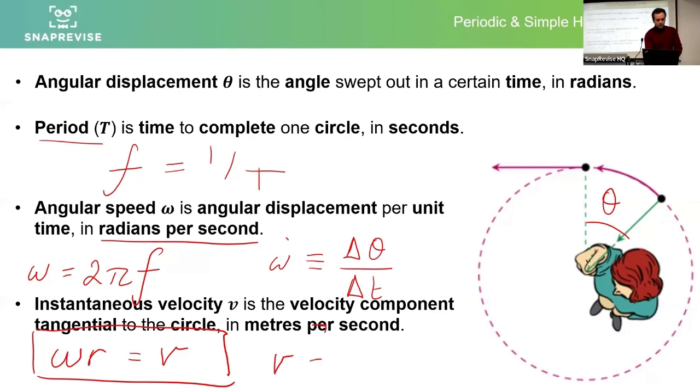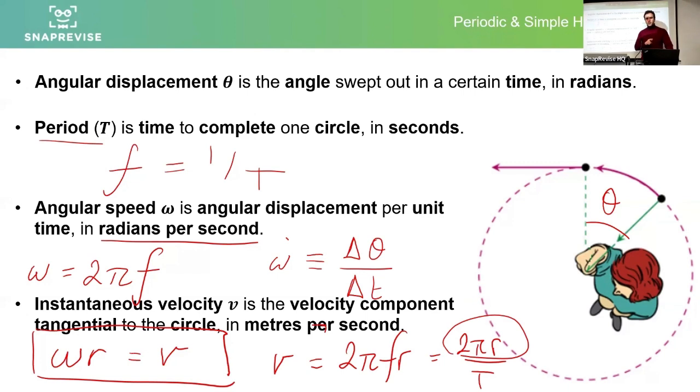What are the corollaries of this? Well, we know that omega is 2 pi f, so I could write this as 2 pi f r, which means I could write this as 2 pi r over T. Does that make sense? Yes, it does, actually. If you think about the mathematical format, you're saying 2 pi r. Have you seen that before in maths? Yes, that's the circumference of a circle. And the period is how long it takes to do a full rotation.